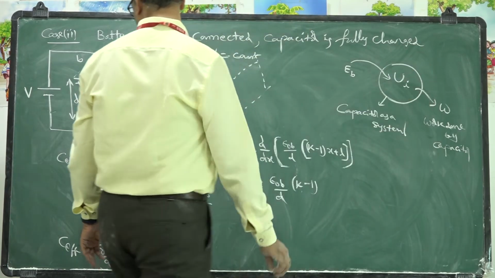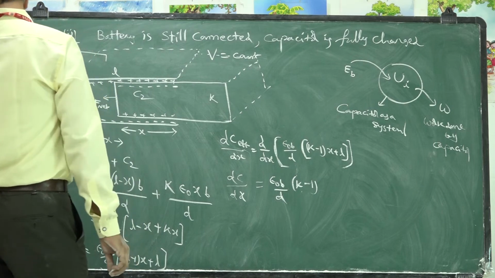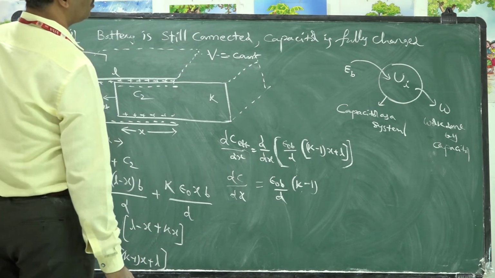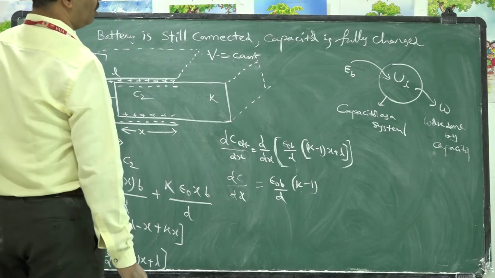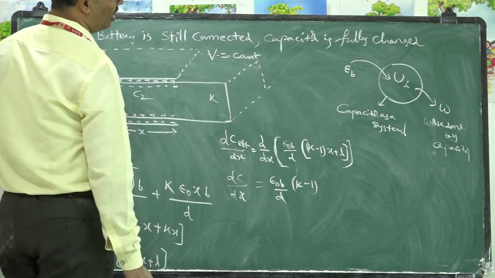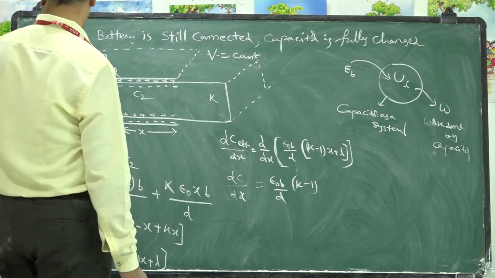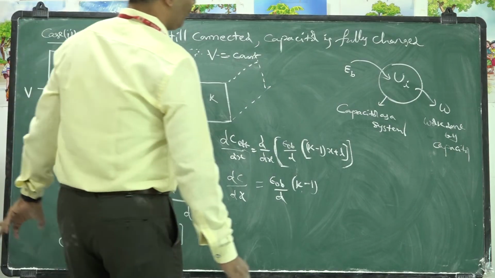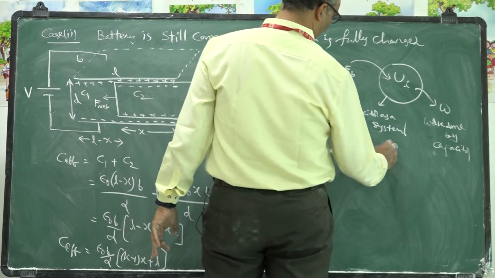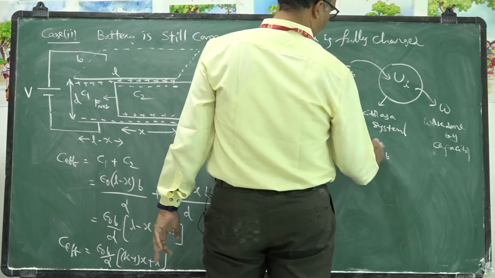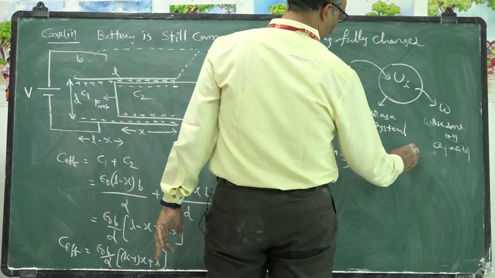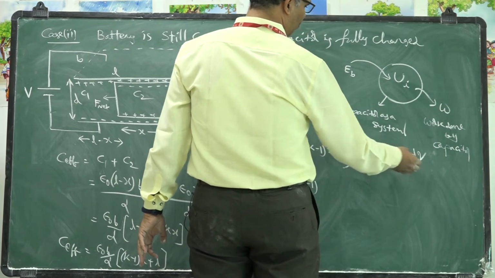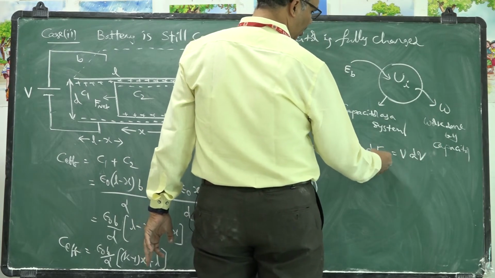Now, I can write an equation here. As the battery is providing some additional energy and some of the internal energy is doing some work, the energy provided by the battery dEB is equal to V dq. dq is the energy supplied, then dE is the energy.